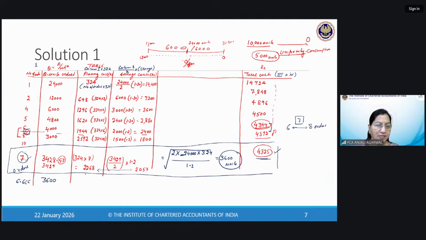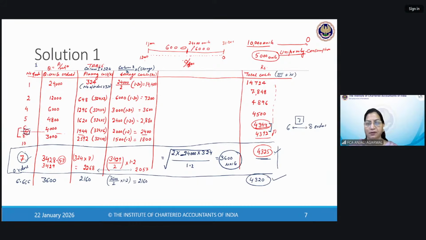So when you place 6.666 orders, 6.66 orders into 324, plus the storage cost. So the most appropriate least cost would be 4,320.